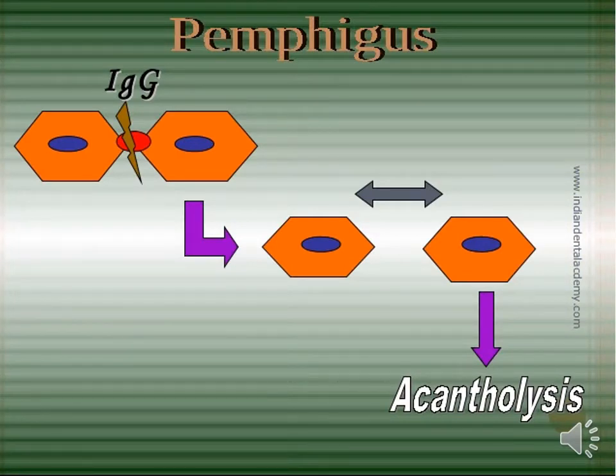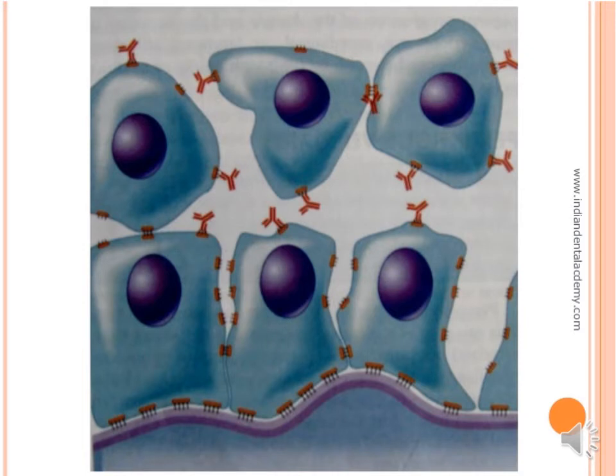In pemphigus, the IgG antibody breaks the connection between two epithelial cells, the desmosomes, forming a space or cleft between the epithelial cells and the basal cells of the epithelial tissue of the skin or mucosa.